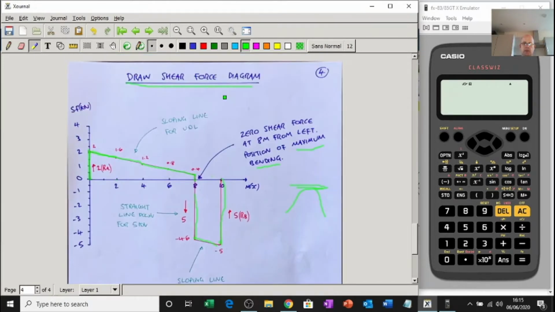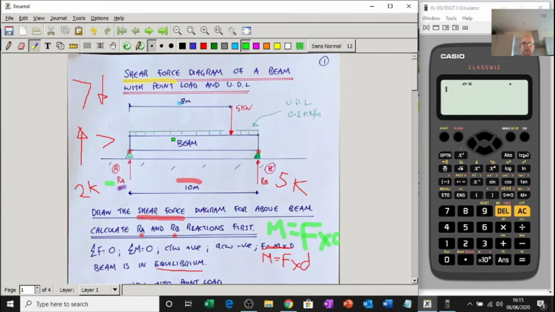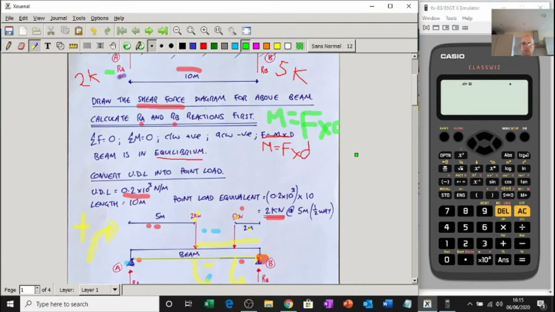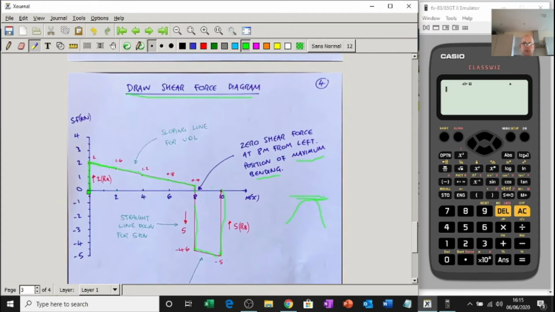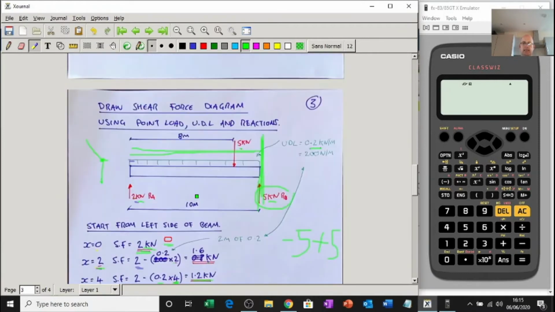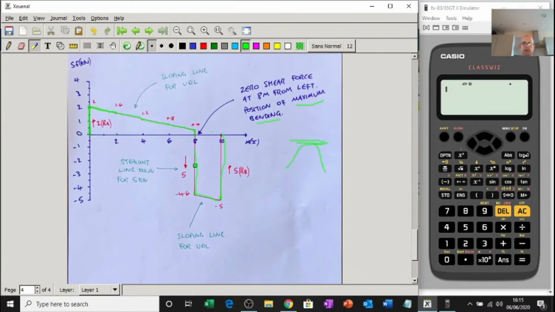Shear force diagram for a beam with a point load and a UDL. So if you notice, it comes up 2, and then it kicks in with the sloping down line for the UDL, and then at 8, that's where my 5 comes in.